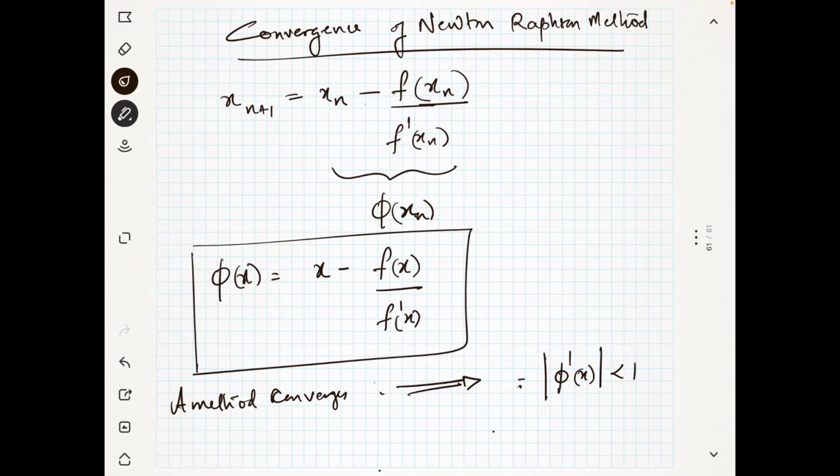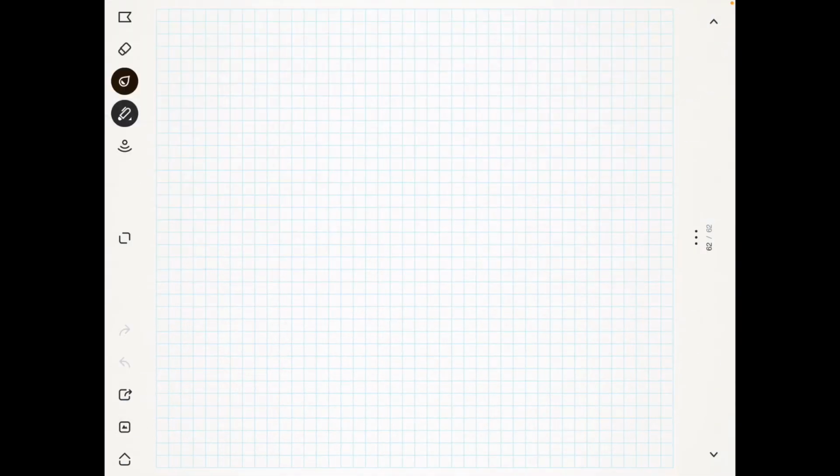Now we will check the condition for that. We know that phi of x is equal to x minus f of x divided by f dash of x.